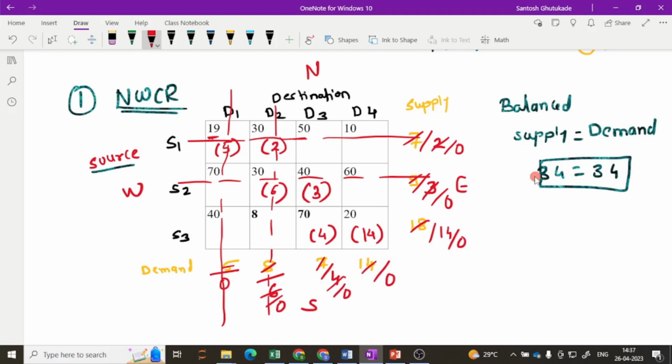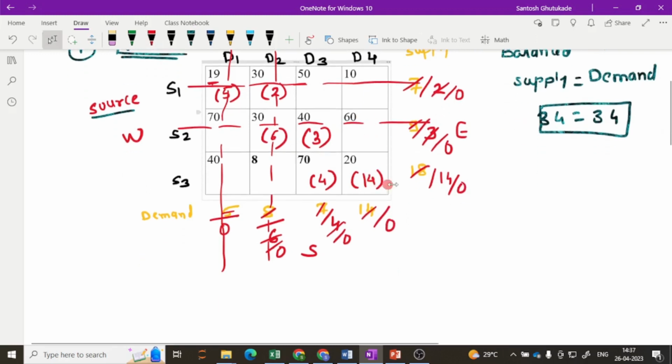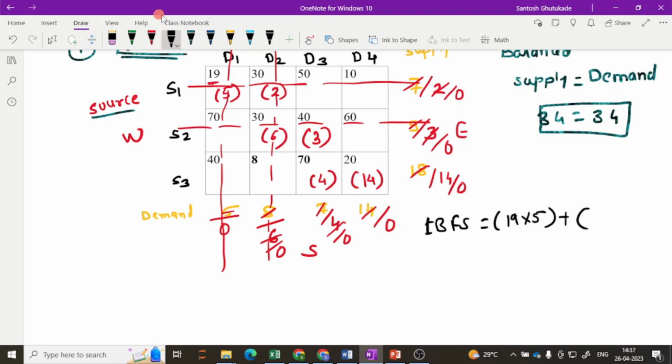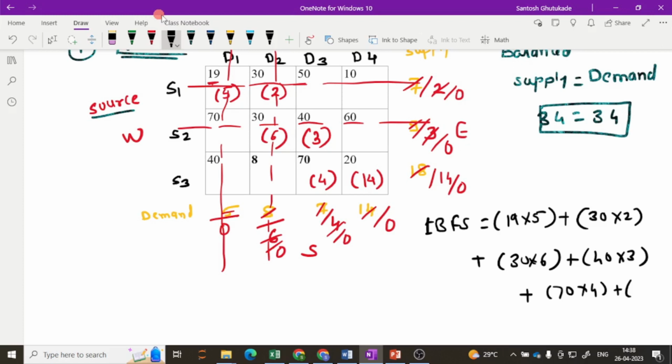These are the allocations we have given. Now we have to calculate the initial basic feasible solution. Five products supplied at the cost of 19, so 19 into 5, plus 2 products at 30 rupees cost, 30 into 2, plus 30 into 6, plus 40 into 3, plus 70 into 4, plus 20 into 14.